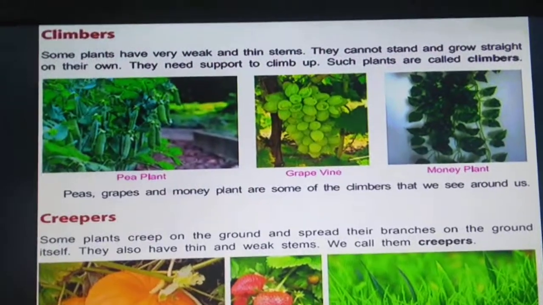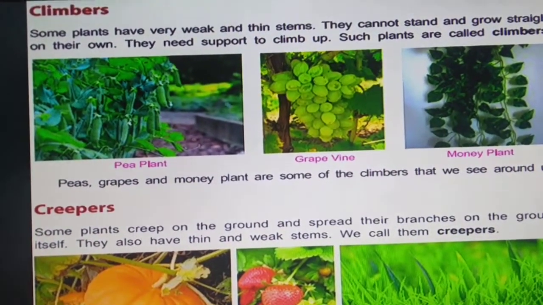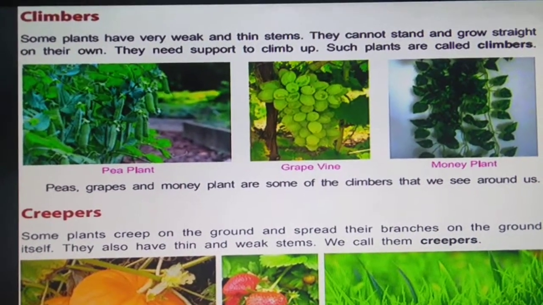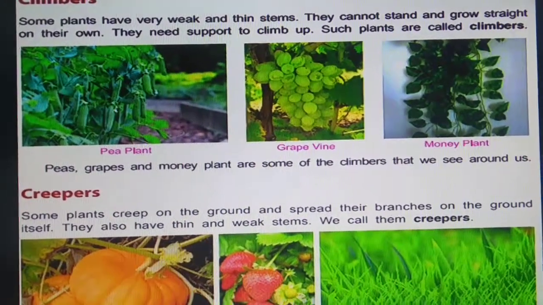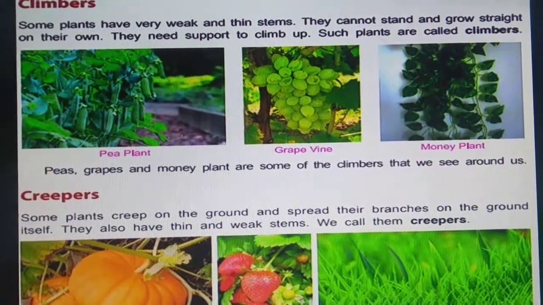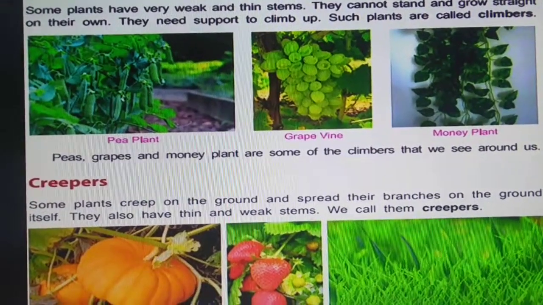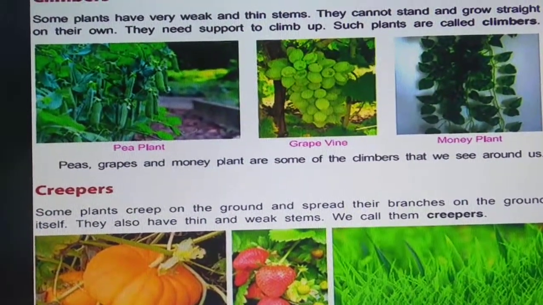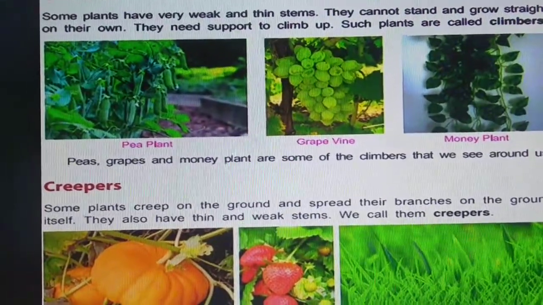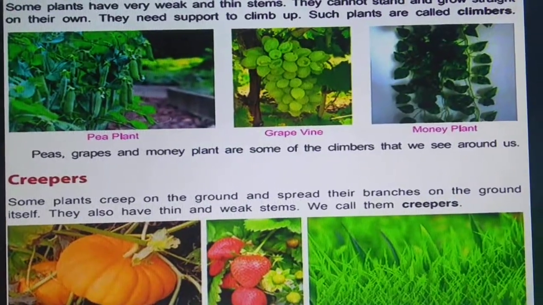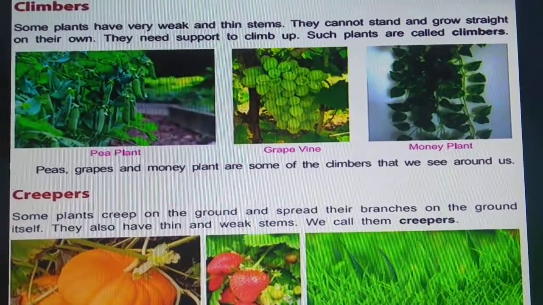They cannot stand and grow straight on their own. Why cannot they stand and grow straight? Because they have weak stem. They need support to climb up. Such plants are called climbers. Examples are given. The first example is pea plant, second is grapevine, and third is money plant.